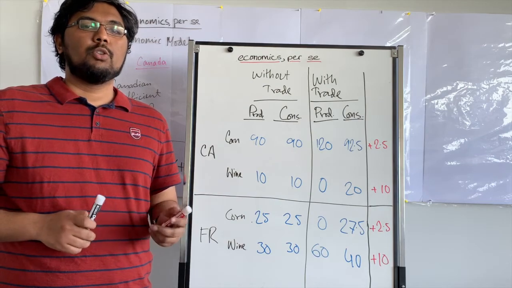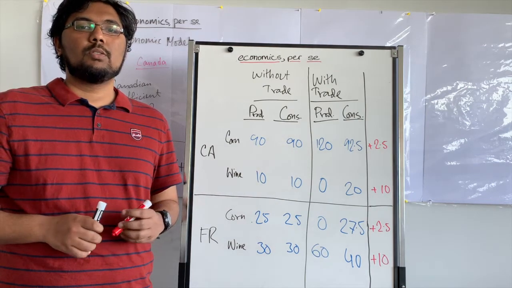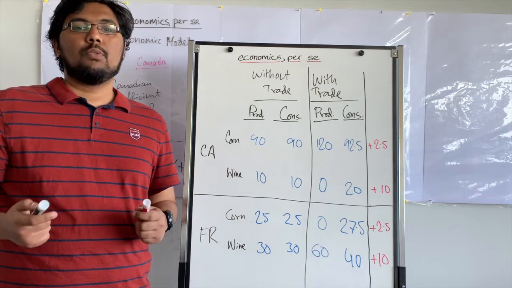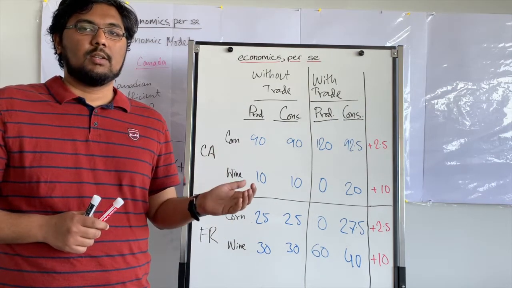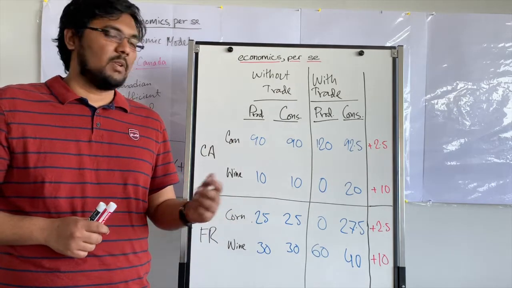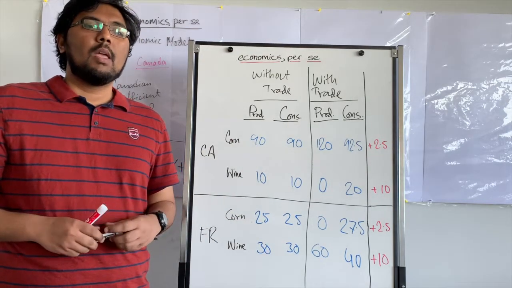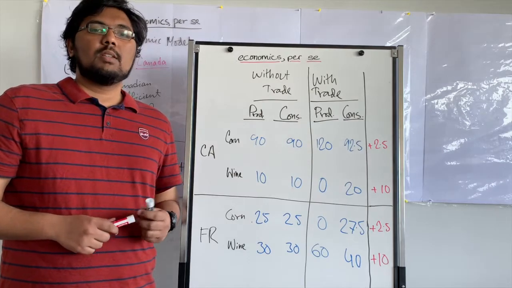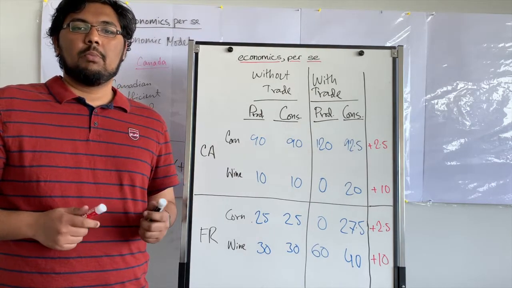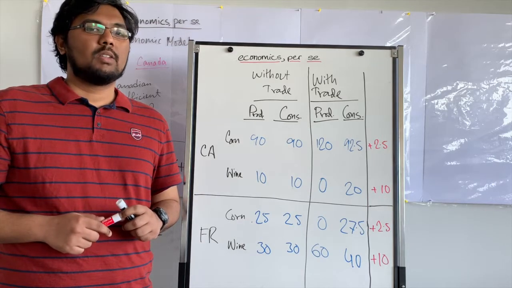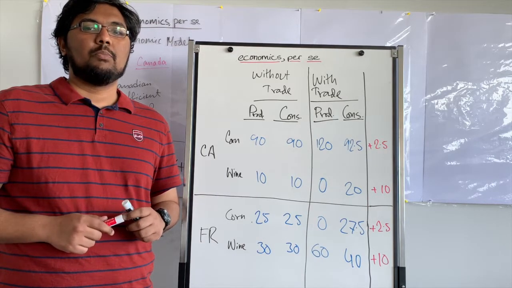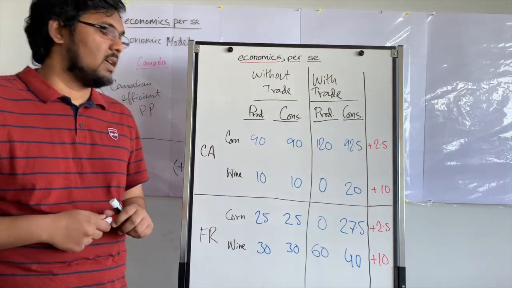They collectively produced 5 units of corn and 20 units of wine more after they started to specialize. Let's say these countries reach an agreement where they will equally divide the extra quantity of each good that is produced after the specialization took place.